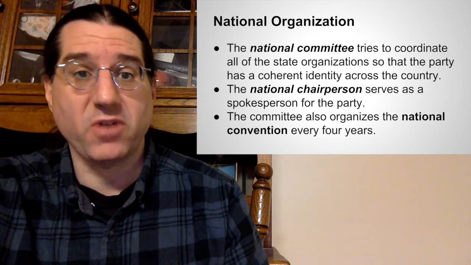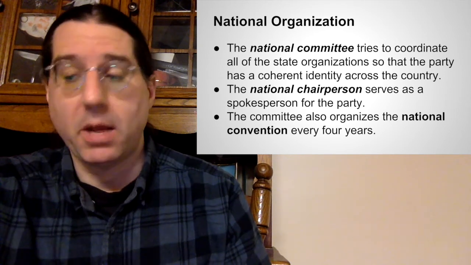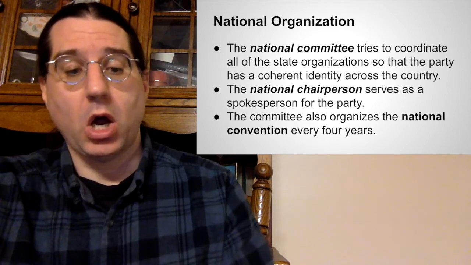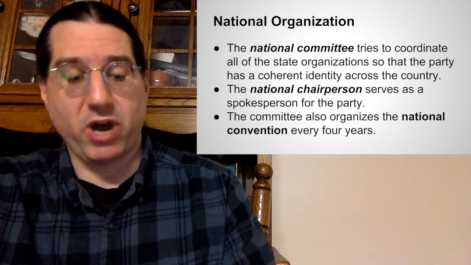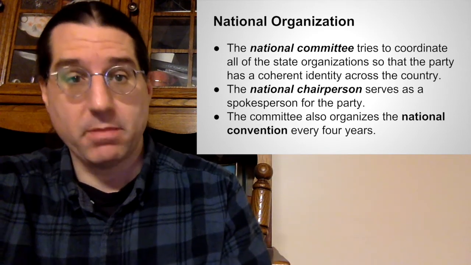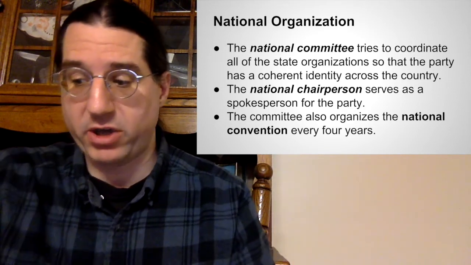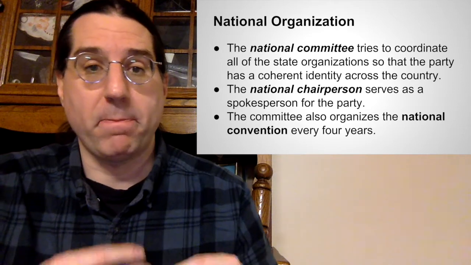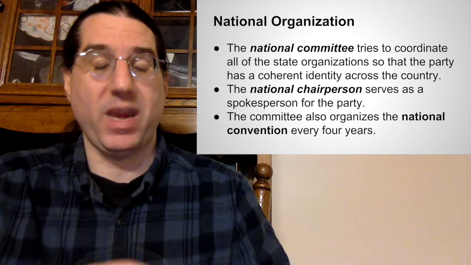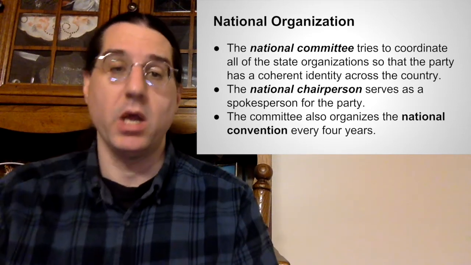When we talk about the national party organization, some of the key entities to consider are, first of all, the national committees. The national committees are the groups that try and coordinate all of the local and state parties and get them all moving in the same direction, so that the party as a whole has a coherent image across the whole country.